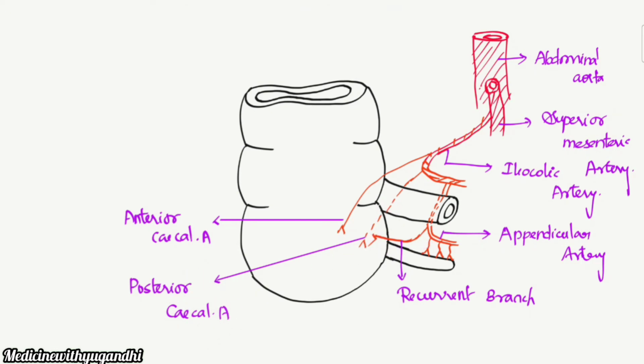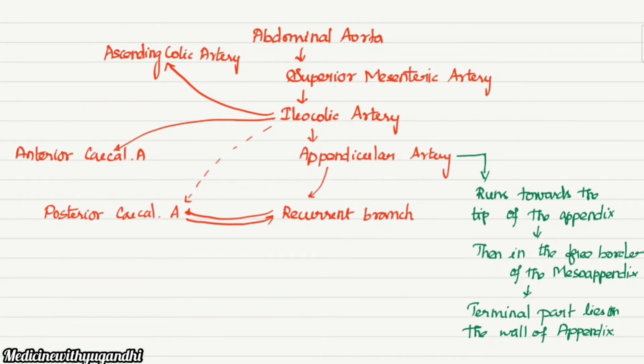Once again I am repeating, from the abdominal aorta, that too from the anterior surface of the abdominal aorta, arises the superior mesenteric artery. From that arises the ileocolic artery which supplies ileum as well as the colon. From the lower division of the ileocolic artery arises the appendicular artery. It passes behind the ileum and through the mesoappendix.